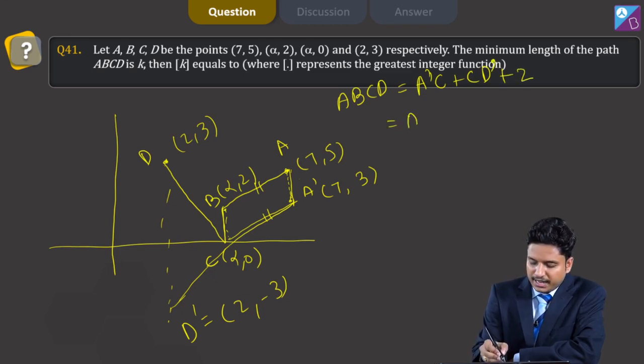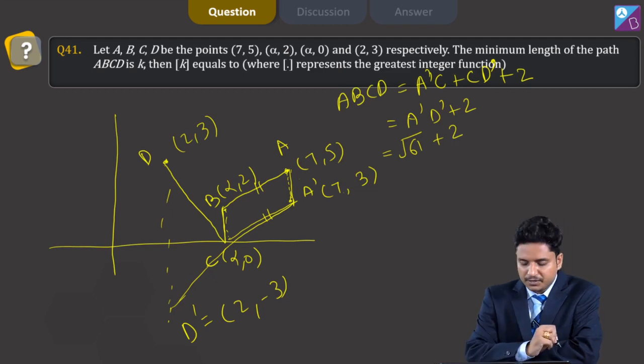So this is A dash D dash plus 2, that will be the minimum possible distance. A dash D dash is what? 5 square plus 6 square. The distance between (7, 3) and (2, minus 3): it is 7 minus 2, 5 square, and here it is 6 square. So this is under root 61, and plus 2 is always present there.